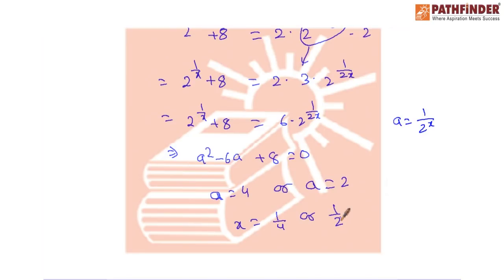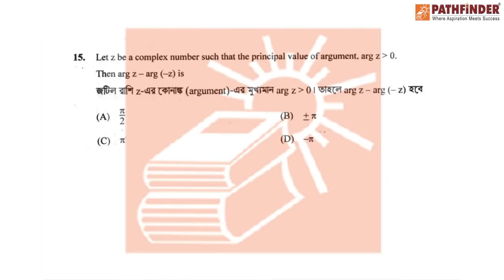Next, question number 15. It is given that z is a complex number such that the principal value of the argument of z is positive. So let's assume z here as a point. Now minus z must be in the third quadrant.